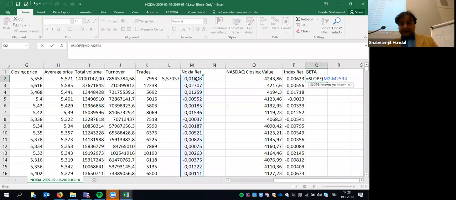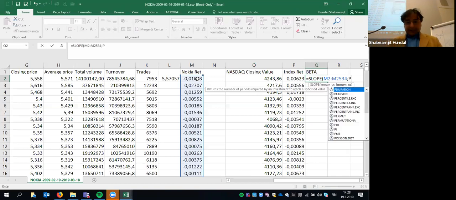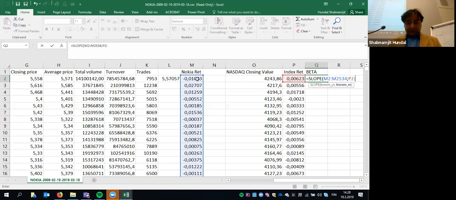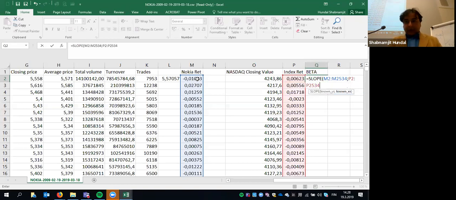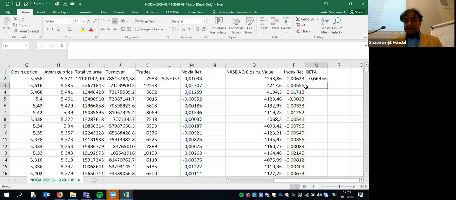And then I separate. And now I take X values. What is the X value? Index return, okay? And the X value is, by the way, your P2 to P2534. Closing the bracket is optional, doesn't matter.